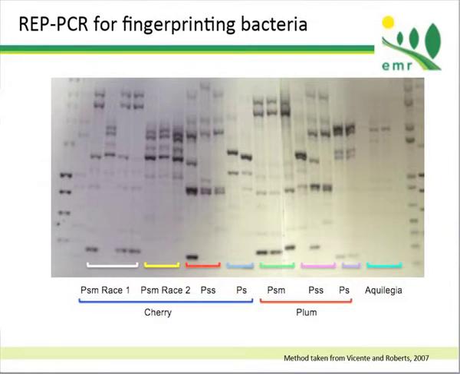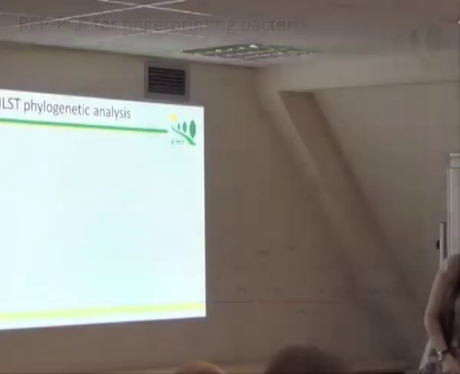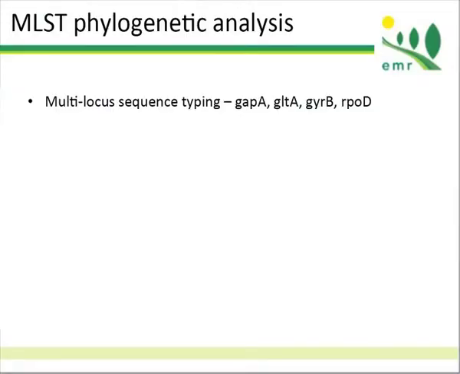So here we have Pseudomonas syringae pv. morsprunorum race 2, and we're able to say that these strains are morsprunorum race 2 due to their banding pattern. And then to assess the relationships between my different strains, I used multi-locus sequence typing based on 4 housekeeping genes within the bacteria.